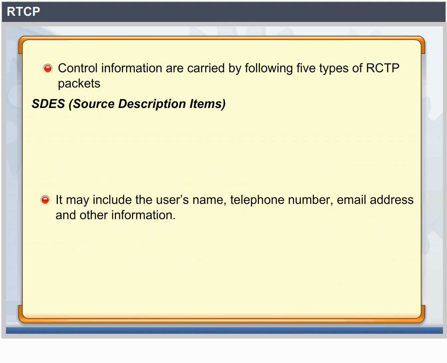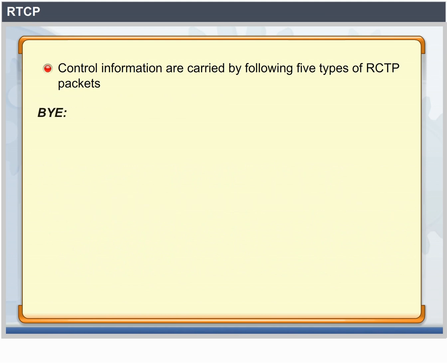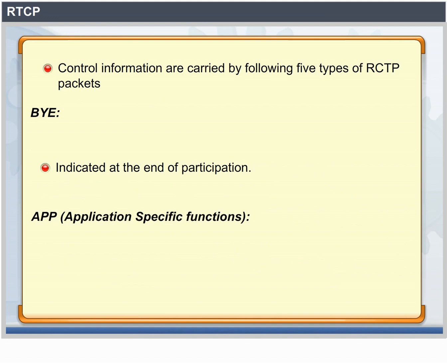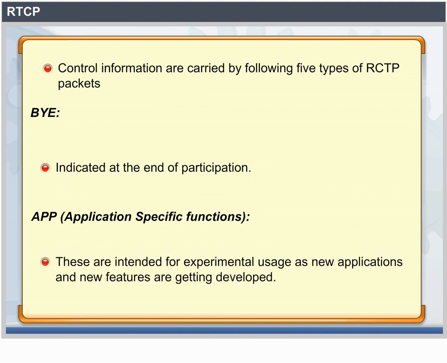It may include the user's name, telephone number, email address, and other information. BYE, indicates end of participation. APP, application-specific functions. These are intended for experimental use as new applications and new features are developed.